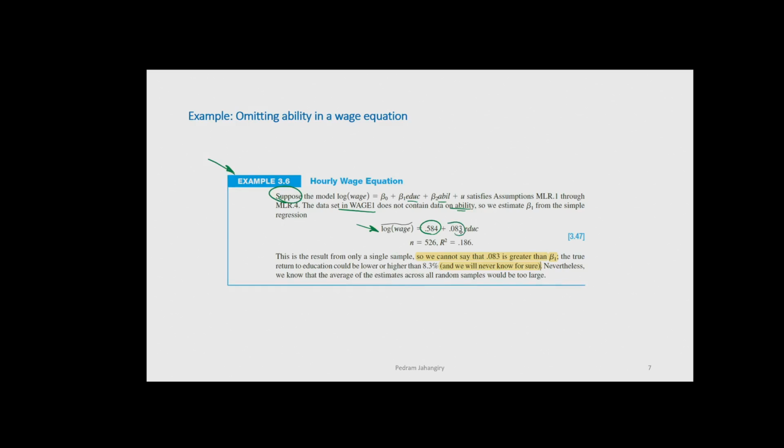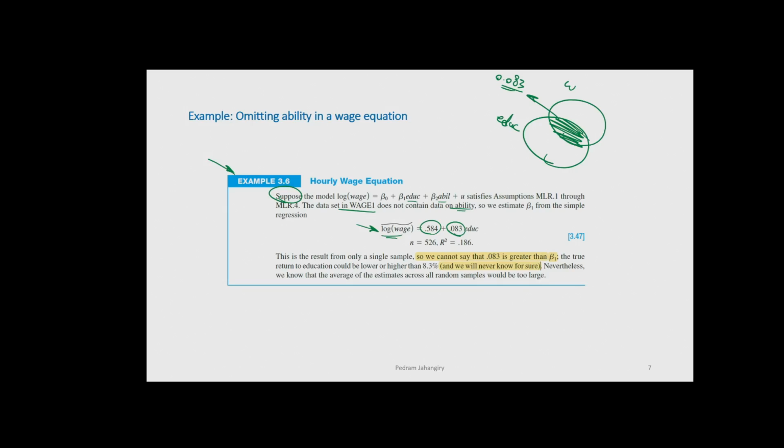OLS is going to use the wage versus education and tell you that this coefficient is 0.083. So 0.083 means that if education increases by 1 year, because here we have log wage, the wage is going to increase by 8.3%. So what do we mean here that we have a positive bias?